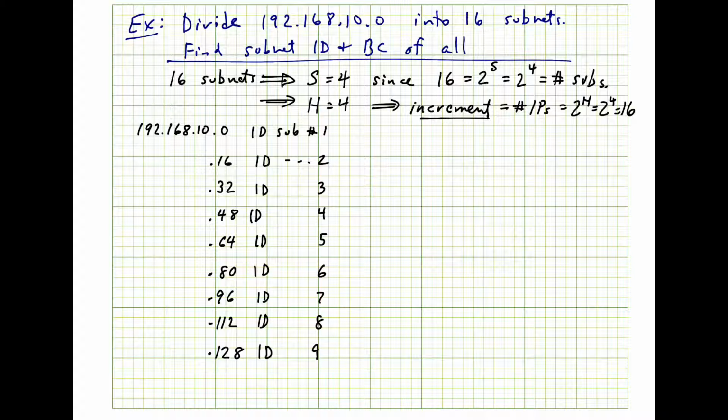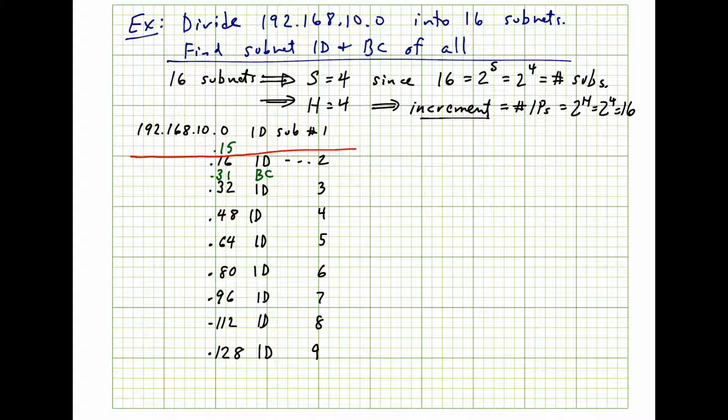The broadcast addresses are .31, and right away I'm just writing the dot of the last octet because the 192.168.10 is the same throughout here. Okay, it's very common to do that. And I'm also not repeating sub number everywhere here, and I'm not even repeating the 3 dots. .31 is the broadcast of number 2. .15 is the broadcast of subnet number 1.